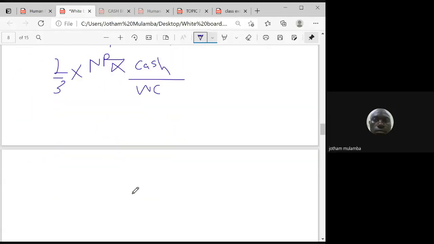Then stage number 3 is near completion stage. And this is between 80% to 99%.